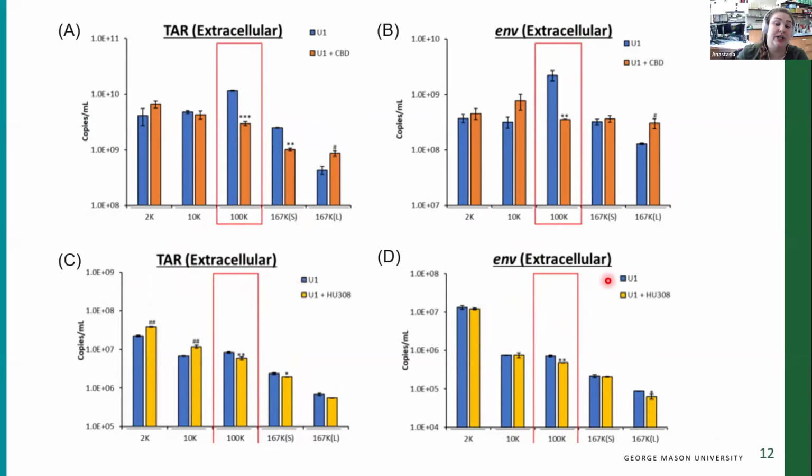Taken together, this is really showing that with either CBD or HU308 treatment, our chronically infected cells are reducing the 100K, or classical exosome, population release. And within that 100K population, there's also a decrease in viral transcripts. And then interestingly, a decrease in our pro-inflammatory cytokine RNA, our TNF alpha and IL-1 beta, within the larger 2K population.